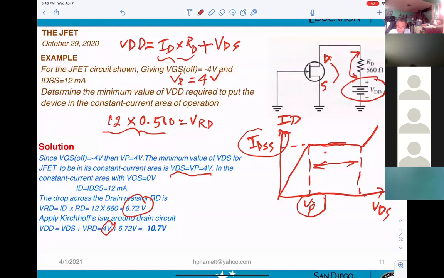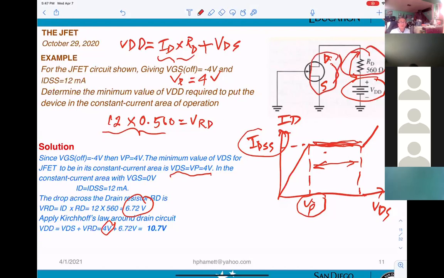The key point here is they want to know VDD, the power supply, the voltage needed to start the JFET working in the constant region. They're not giving you VDD, but they're asking for the minimum of that voltage. So you understand VDD will support this voltage here and the voltage here.